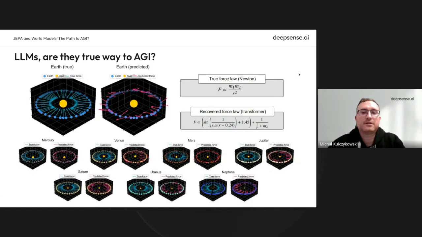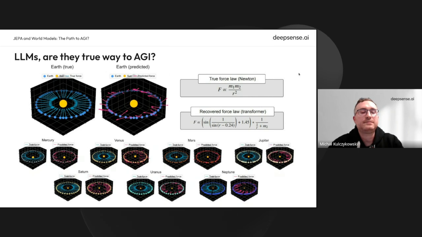Recently, there is a lot of talk about how LLMs are a way to achieve AGI through scaling of compute and data. But are they really that way? Here we have recent research that takes an LLM and trains it on orbits of the solar system's planets. As we all know, the law of gravity can be seen here on the left side of the screen, and that's how it looks normally.